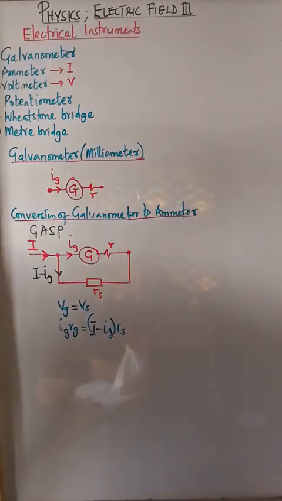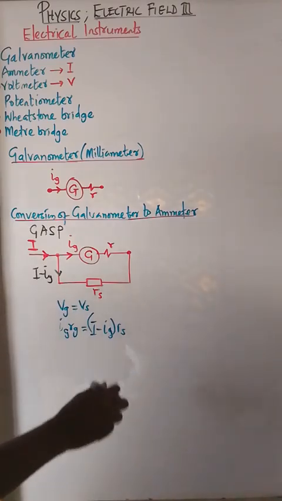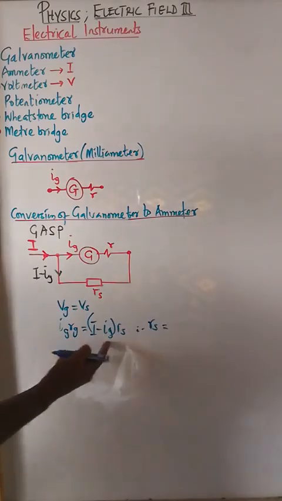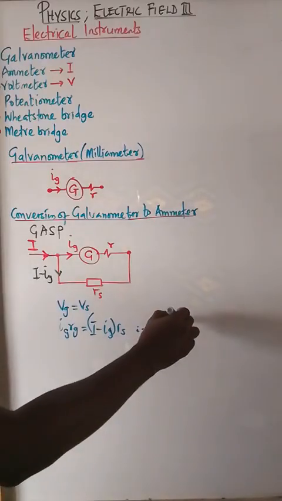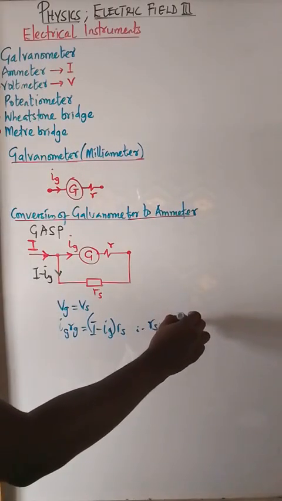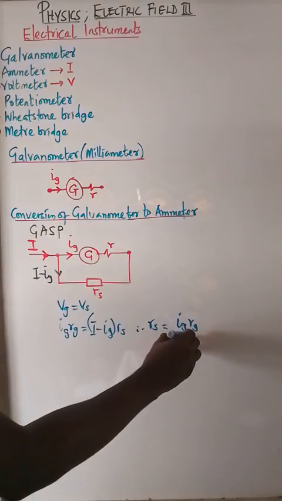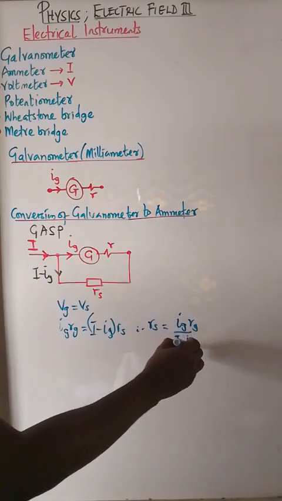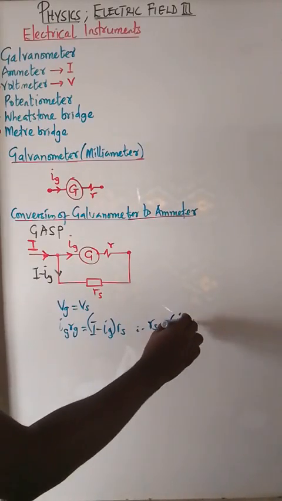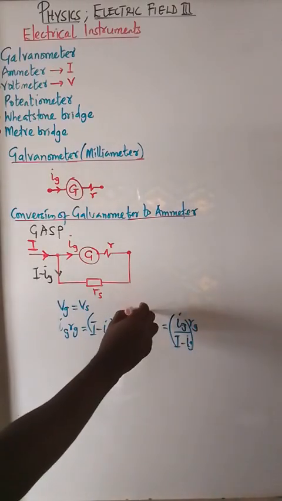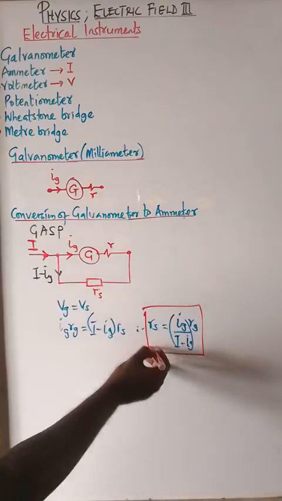Rs. In case you are to look for the shunt resistance, if you make Rs the subject, it means the shunt resistance equals, we divide both by I minus Ig. So we have Ig, Rg divided by I minus Ig. So we can write it this way. So that is the shunt resistance. And that's all.